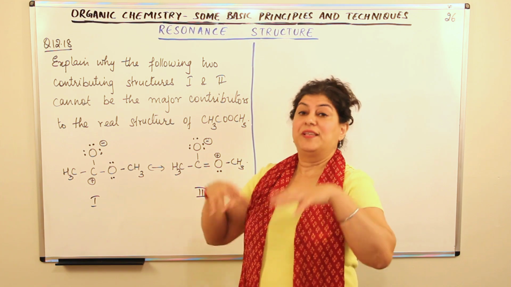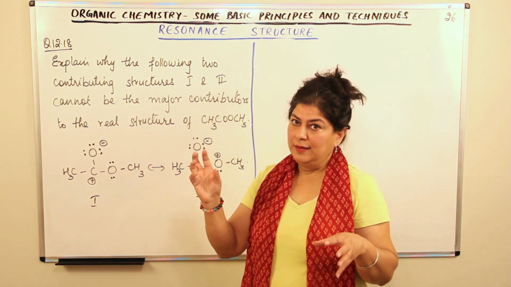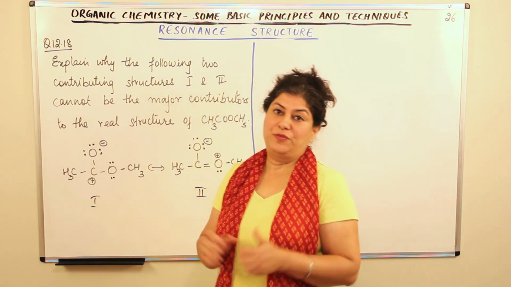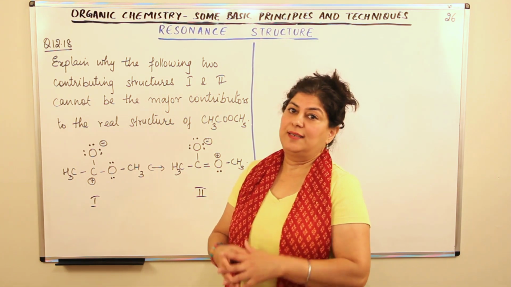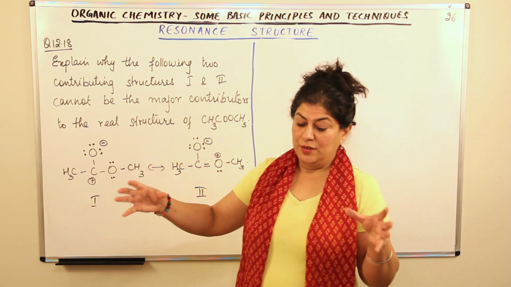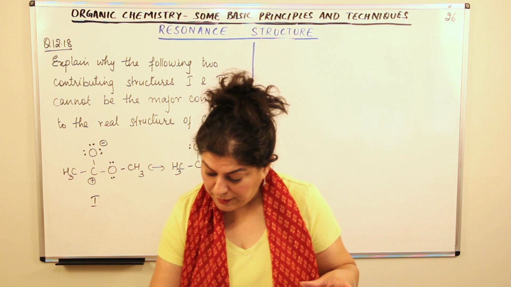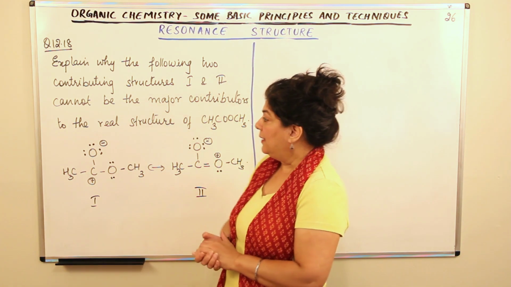Fourth point is that if there is separation of charges, then the electronegative atom should get the negative charge and the electropositive atom should get the positive charge. And the last point is that if there is a distribution of charges in the structure, then more dispersal of charge means it is more stable than the others.